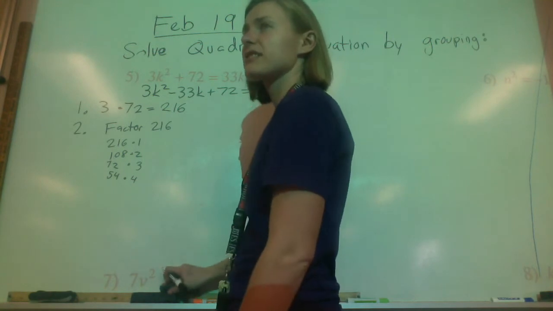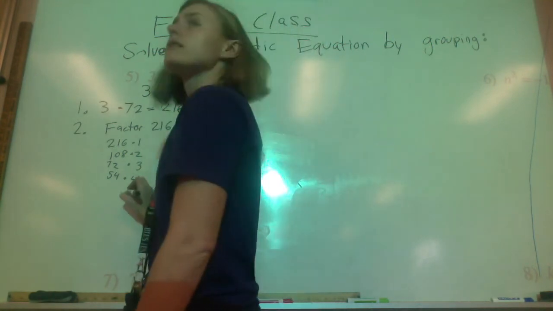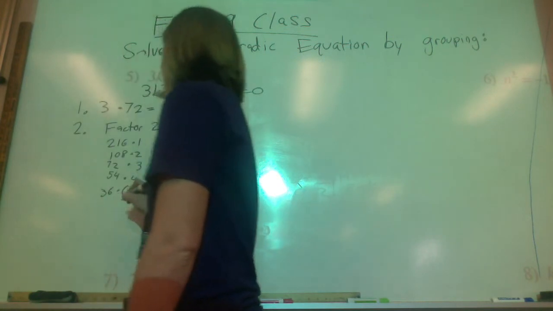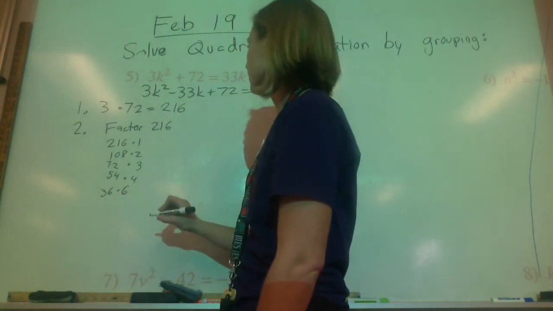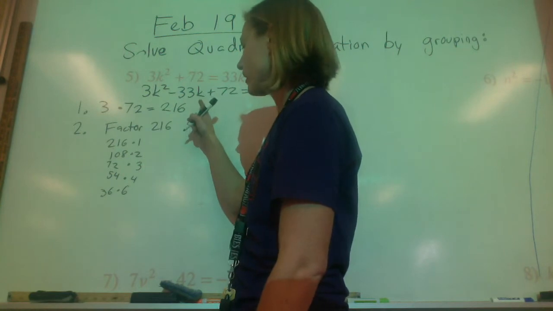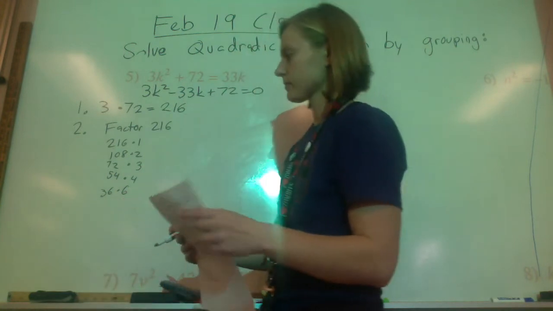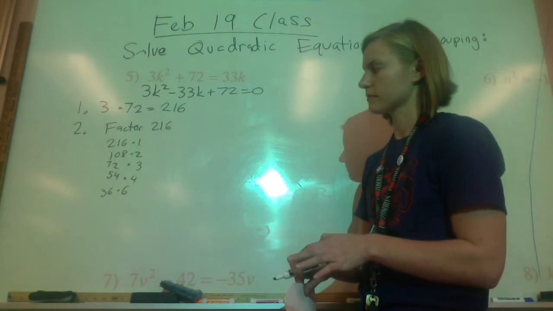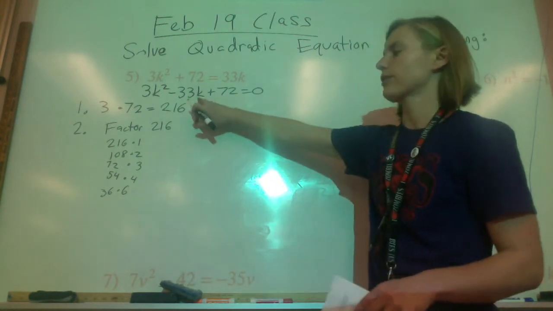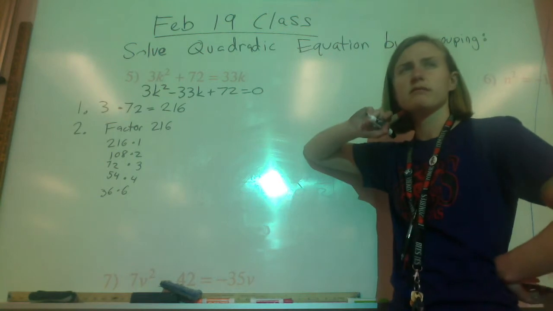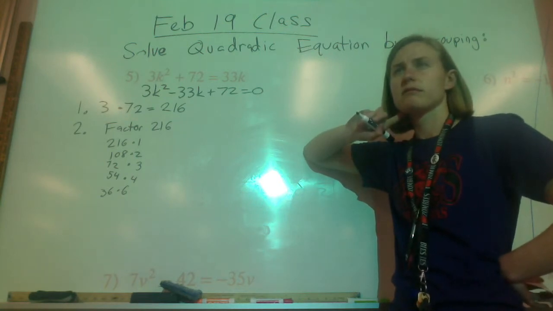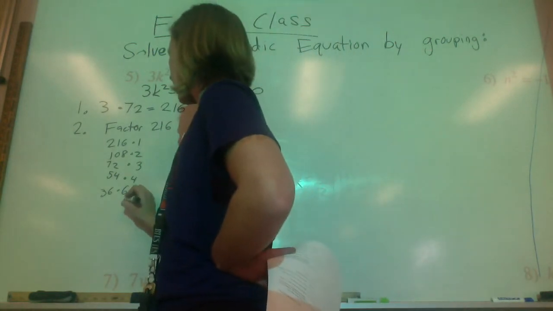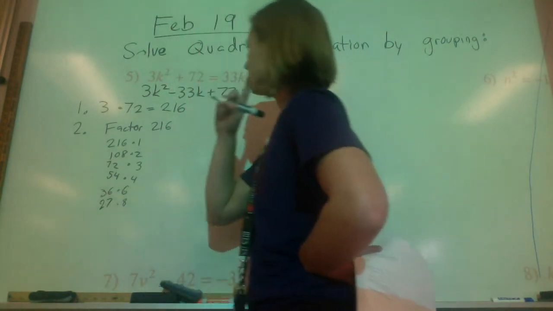Is it 6? 8? 36 and 6? Would that work? But that doesn't give you 33. 7? 21? Oh yeah, 36 times 6 does. But it doesn't give you the 33. Is it 7? Maybe. 8? What would 8 be? 8 is 27? Oh, that would not work.